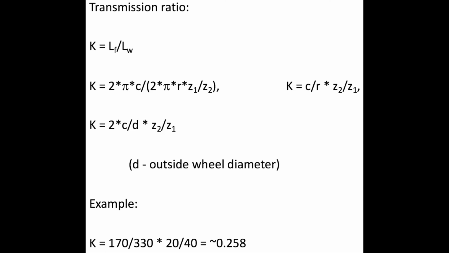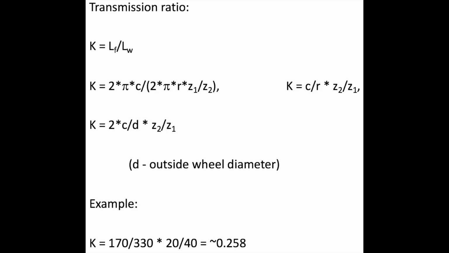With all this information, we can go ahead and define the total transmission ratio as K equals LF divided by LW, or K equals 2 times pi times C divided by 2 times pi times R times Z1 divided by Z2, in parentheses, or K equals C divided by R times Z2 divided by Z1, or K equals 2 times C divided by D times Z2 divided by Z1.